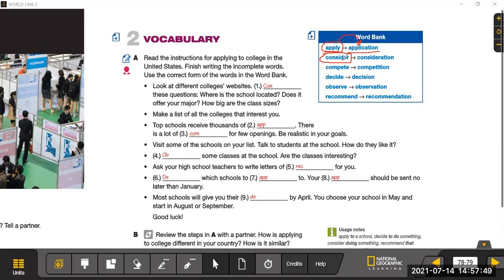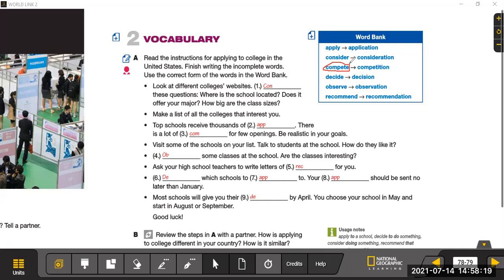Then we have the verb compete. Compete. So compete is, for example, in a volleyball game, the two teams compete because both of them want to win. So they compete. That is the verb. If you compete, for example, you can compete with your partner, right?